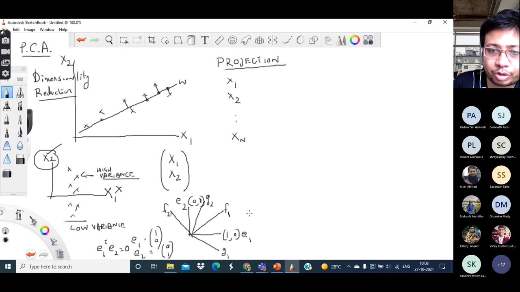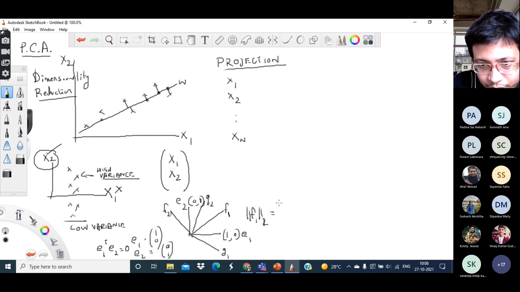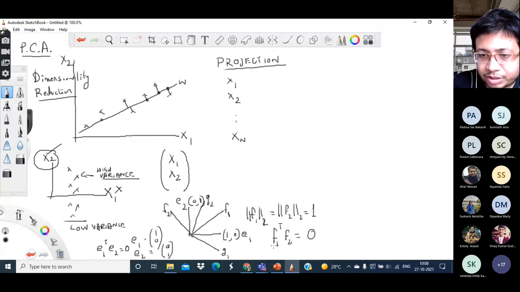The same property will also hold for F1, F2, etc. That is to say, the L2 norm of F1 is equal to the L2 norm of F2 equal to 1, and also F1 transpose F2 is equal to 0. Same thing for G also.